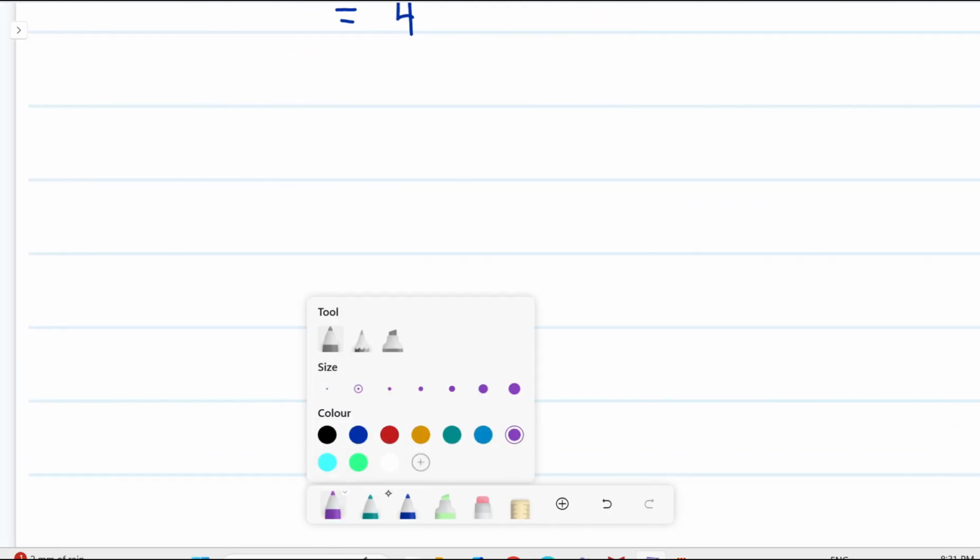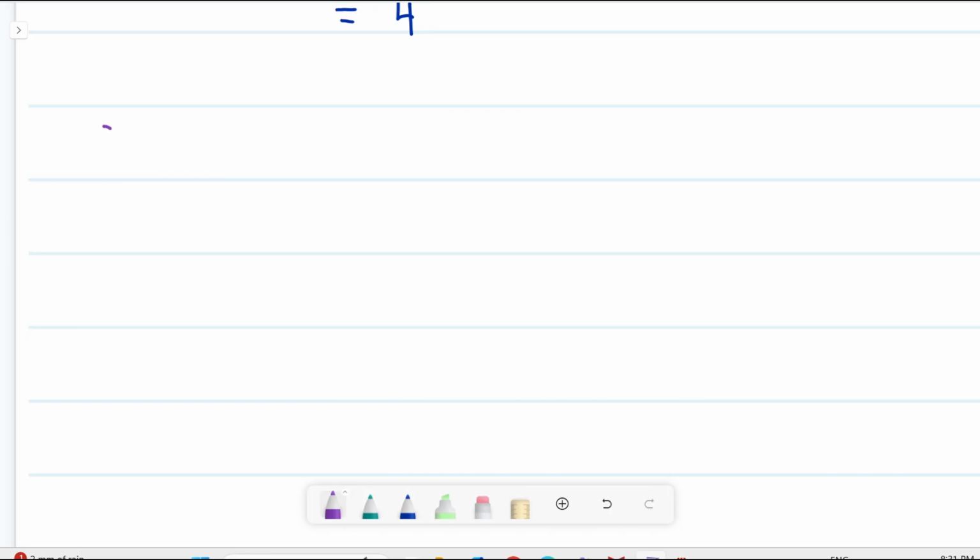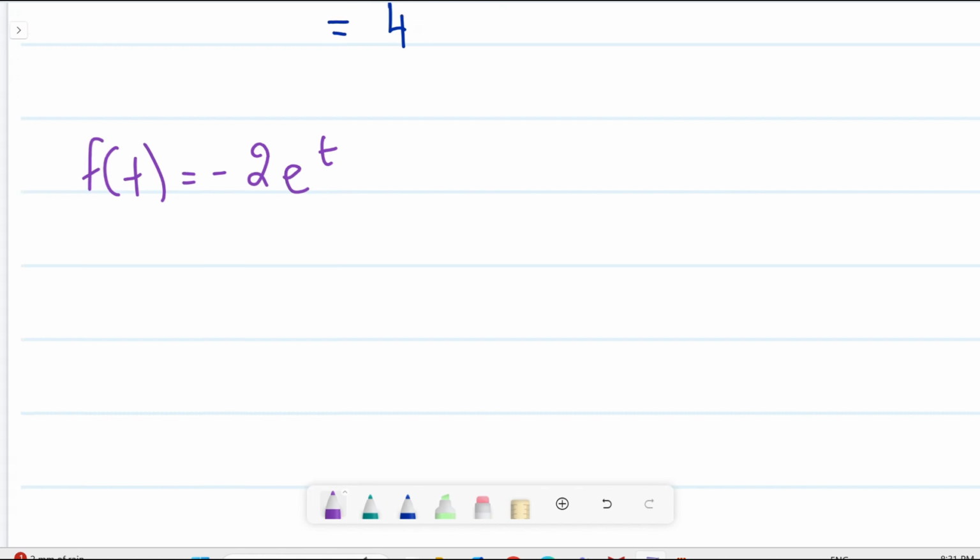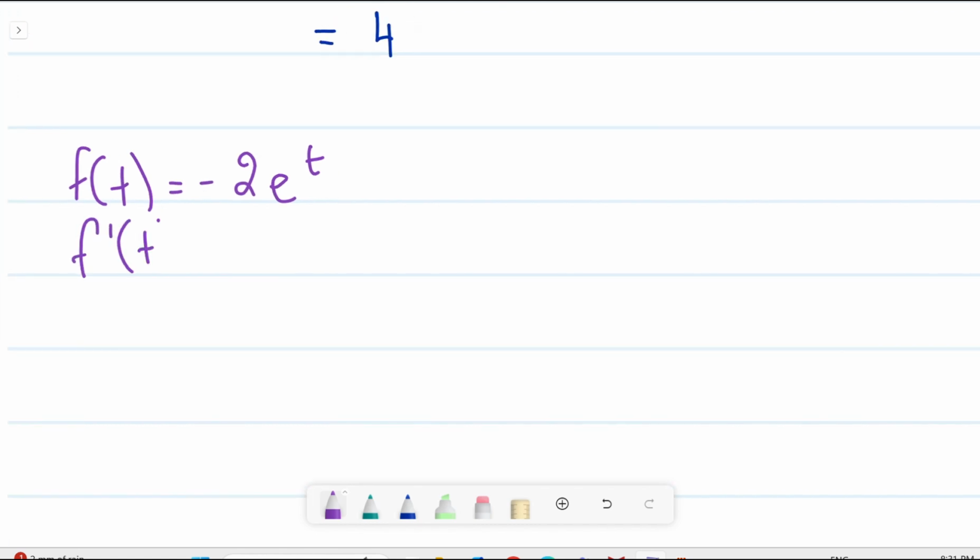Now let us move to another example. f of t equals negative 2e to the power of t. What is the derivative of f of t? So, 2 is a constant. We keep it here. What is the derivative of e to the power of t?